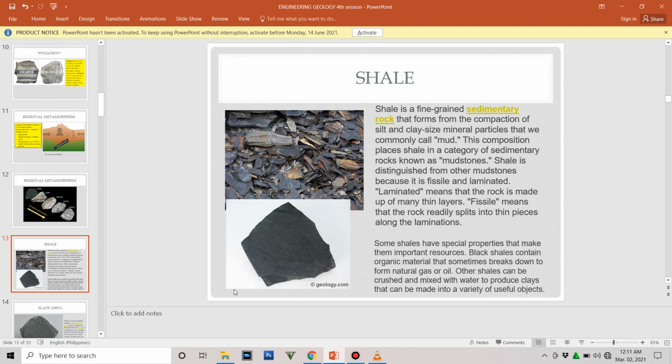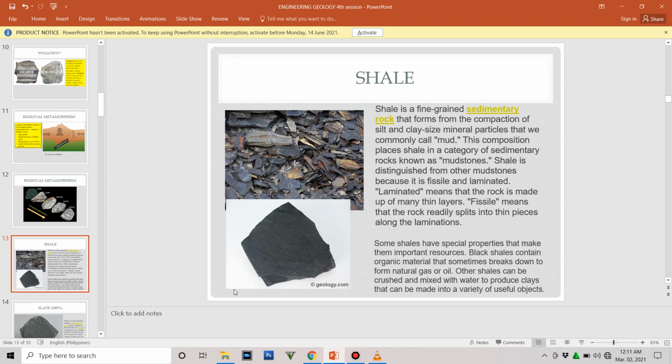So aside from this, it could also be a source of material in ceramics, ano? So pwede siyang gawing brick, pwedeng gawing tiles or pottery, and it could also be a material to form cement, ano? Okay?